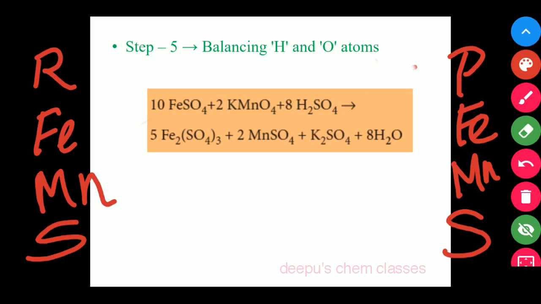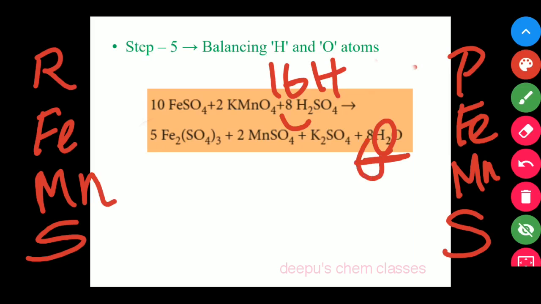We have 2 into 8, 16 hydrogens on the reactant side, and only 2 hydrogens on the product side. If we put 8 before water, then hydrogen is automatically balanced. 8 into 2 becomes 16. So now hydrogen is balanced on the reactant side and product side.